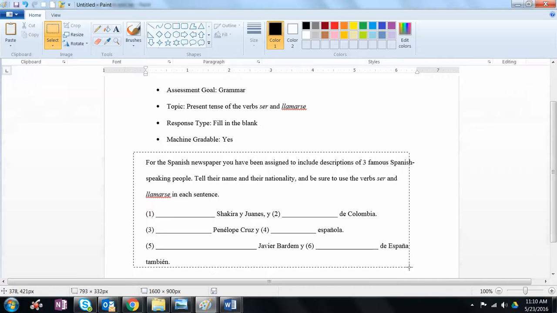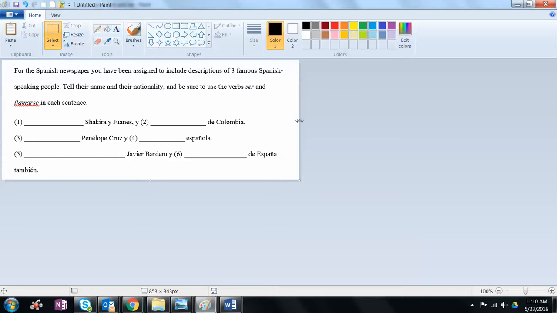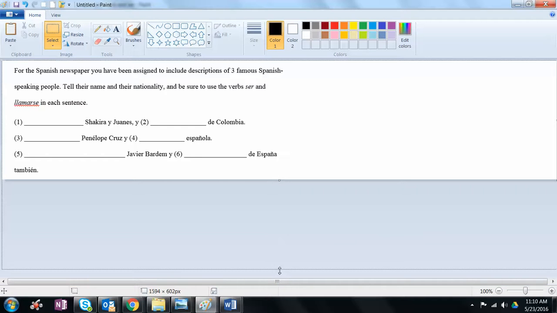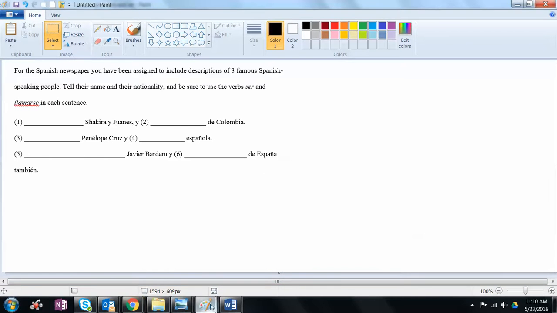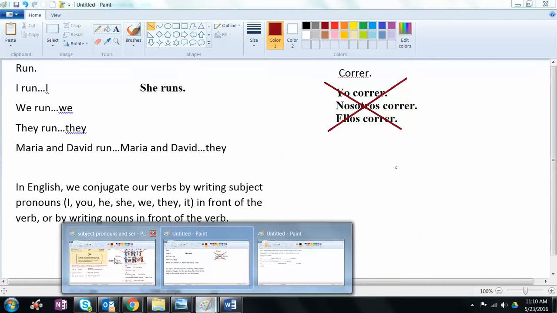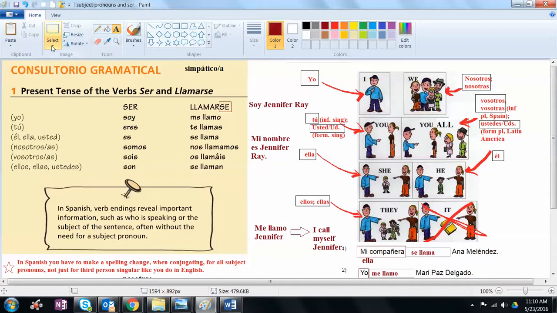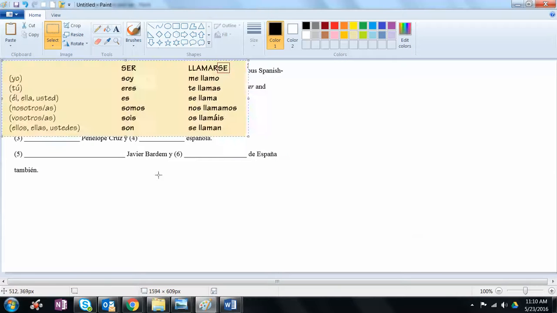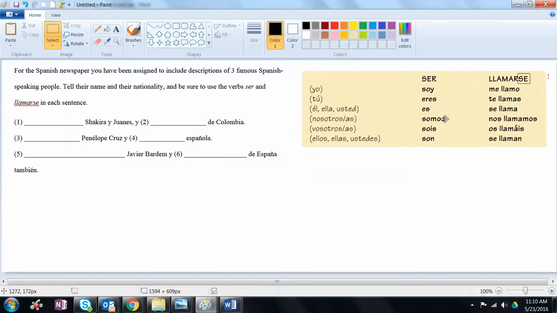So you can plug in ser, or you can plug in llamarse. Either or would work. So let me go over here, just so we remember. Okay, so there's our verb chart that we can use.